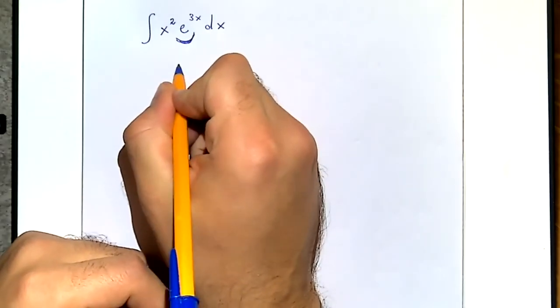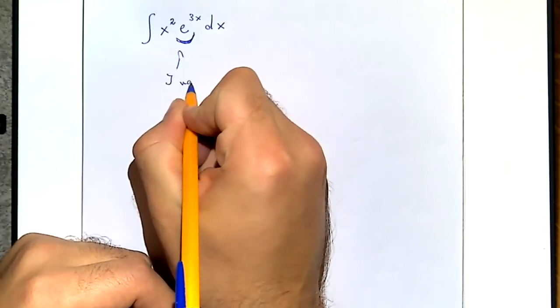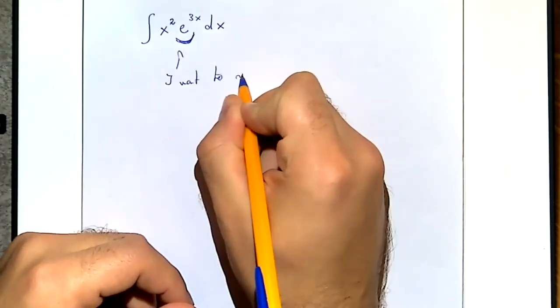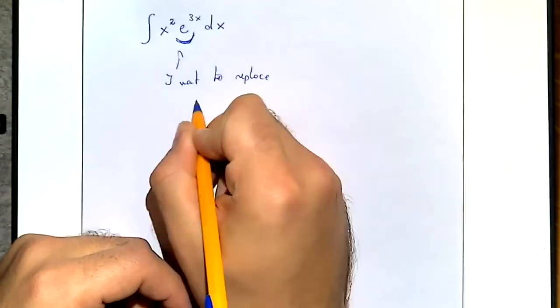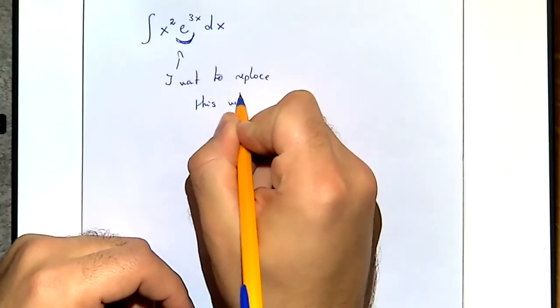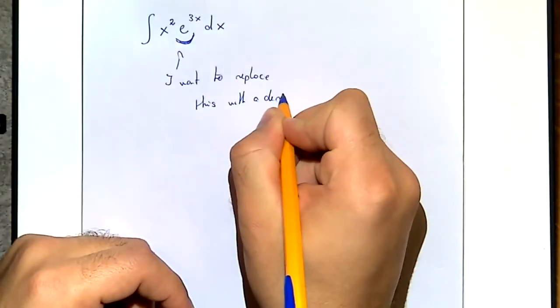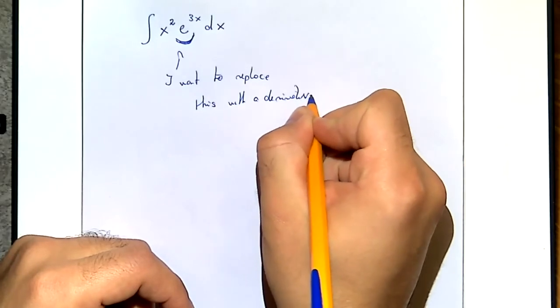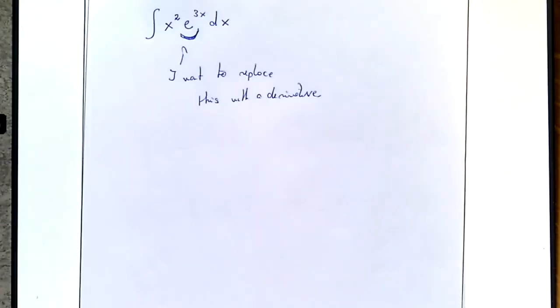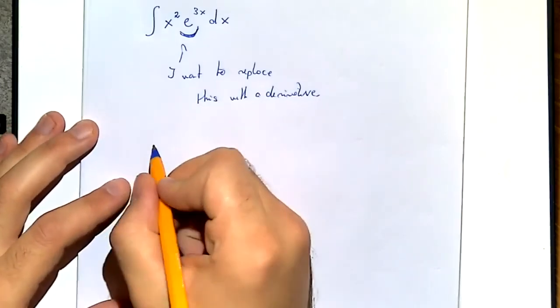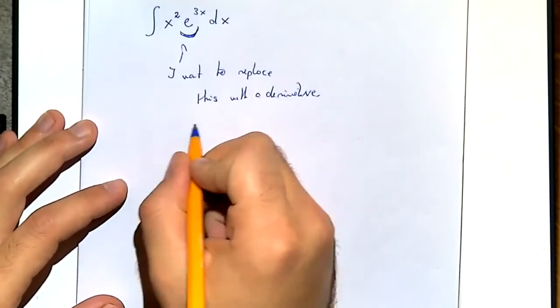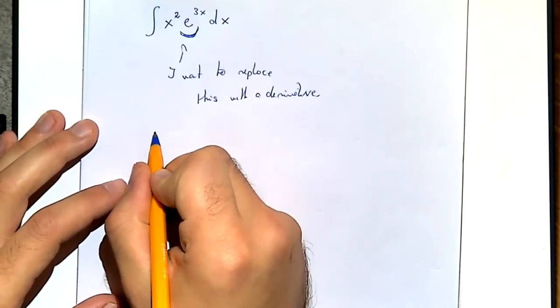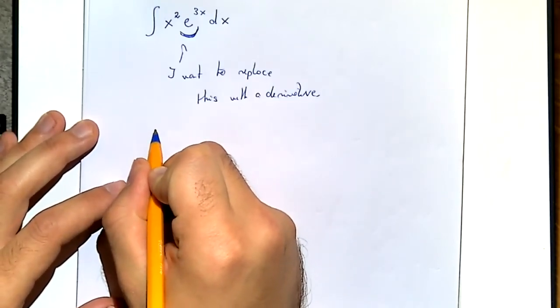I want to replace this with a derivative. That is what I want to do, so I'm just going to do exactly that. What is the antiderivative, or indefinite integral, of e^(3x)?